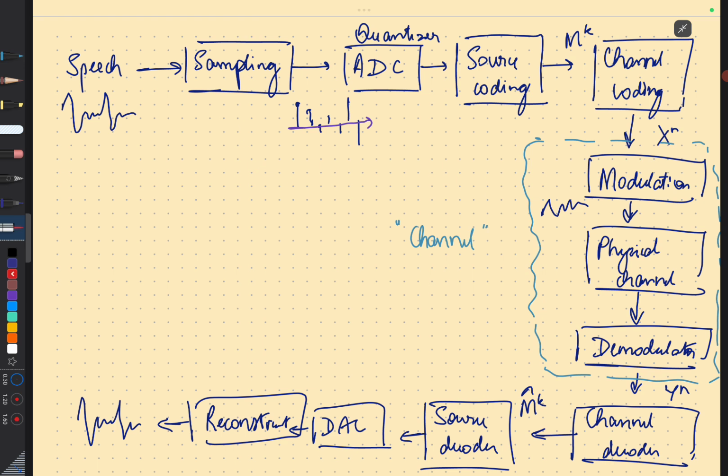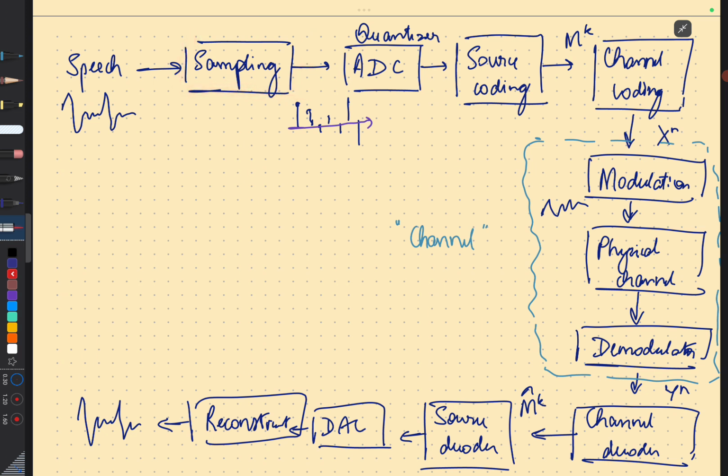Now, there's something to be kept in mind. I drew these several blocks, each independent of the other. If you think about it, a natural question that comes up is, why do you want to separate out all of these blocks?